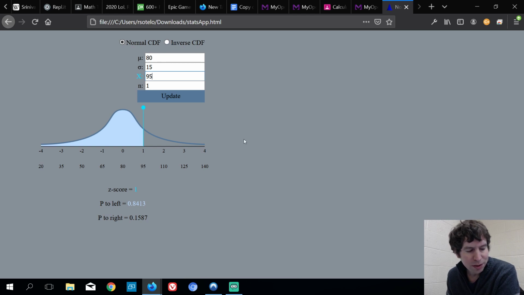The only difference that we're going to talk about starting now is we're no longer going to be talking about pulling a single tree from the population and finding the probability that it's this height or that height. We're now going to talk about samples, because what we're moving into is called inferential statistics, and that is when you want to know something about an entire population, like all the trees in Sterling.